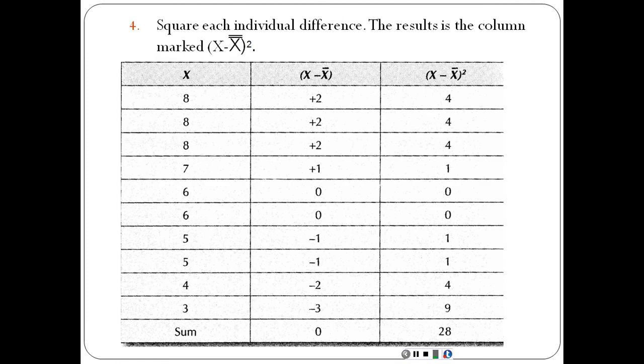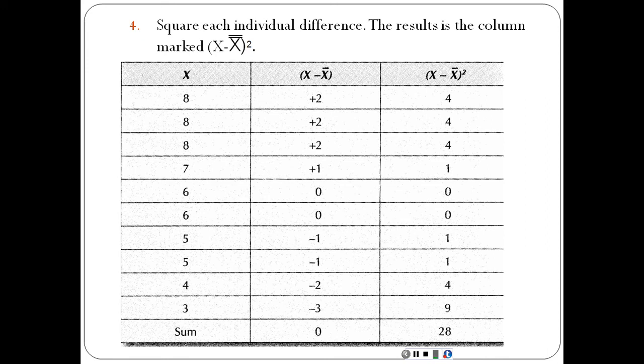The next thing we're going to do, now that we have our differences, is square each individual difference, and the result is the column marked here, the individual score minus the mean, squared. After you square all of those numbers, you take the sum of that.